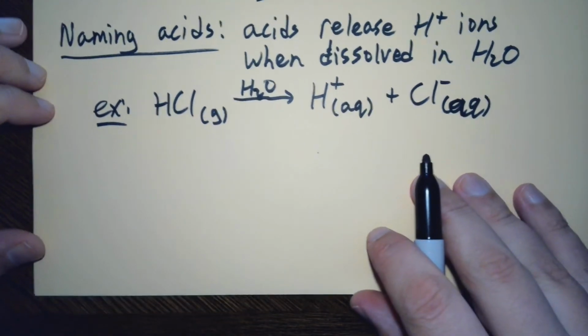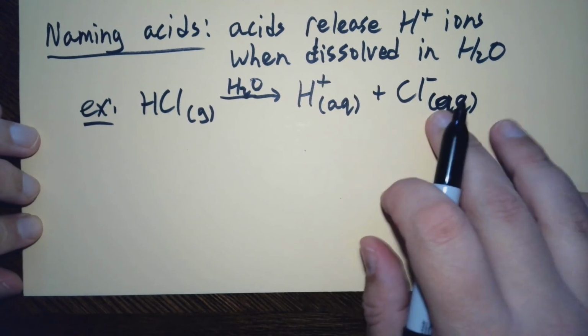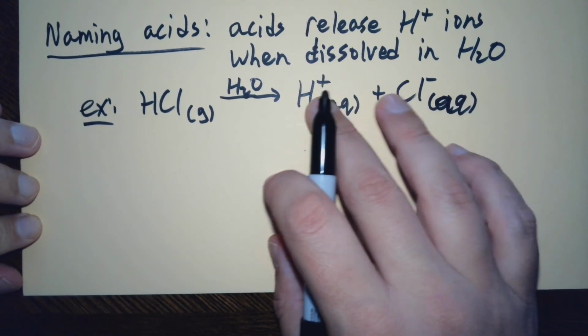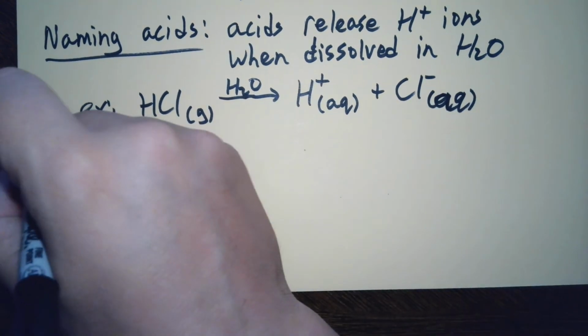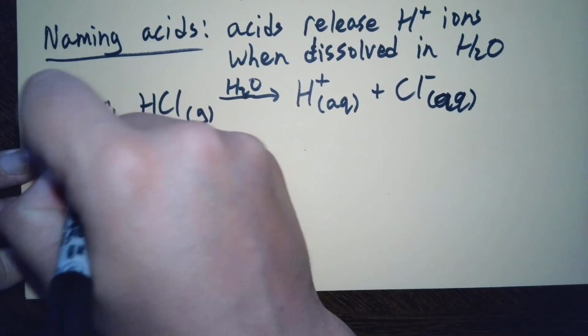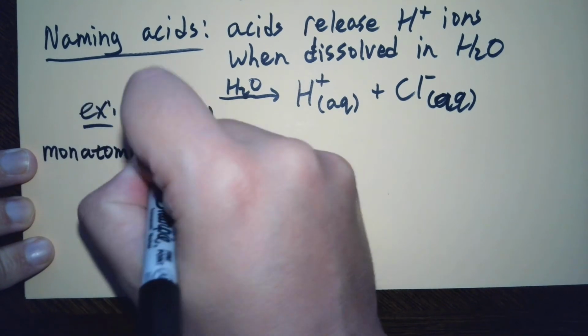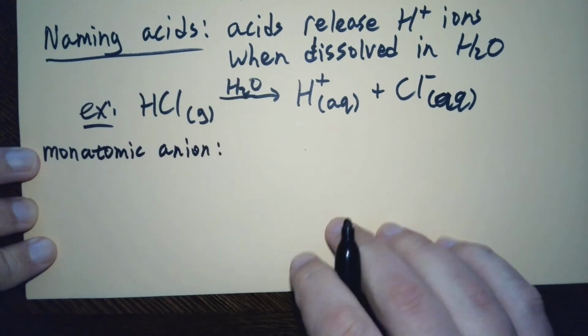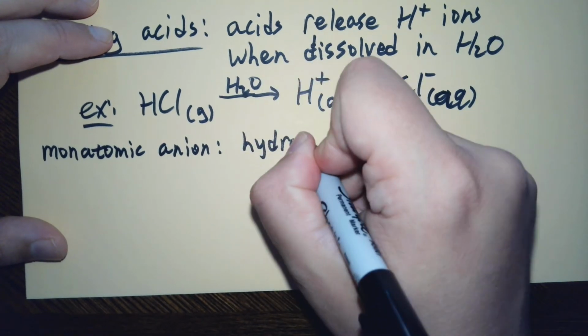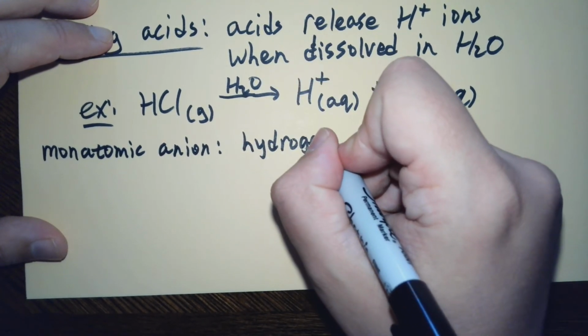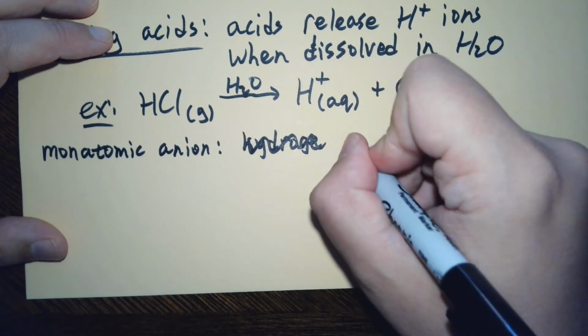So we have kind of two ways of naming stuff. If you think about this anion that's left after the H+ leaves, well, if it's monatomic, we go with the following name. Oops, sorry, not hydrogen.